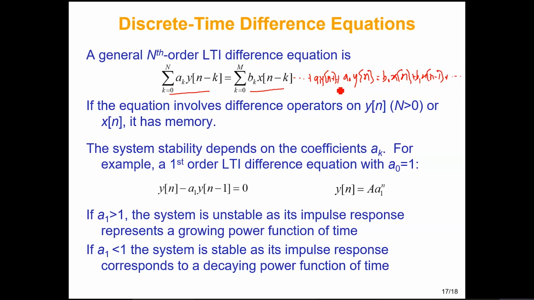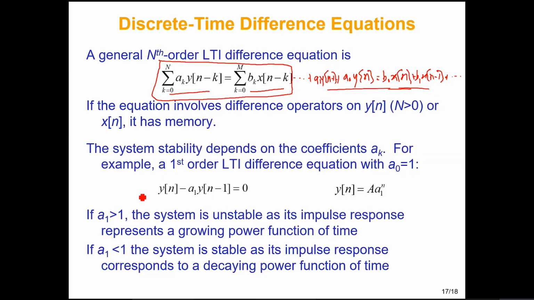So a difference equation will typically be of this type, and we can sum that and write it in this shape. All the coefficients of y are a, and all the coefficients of x are given the symbol b.